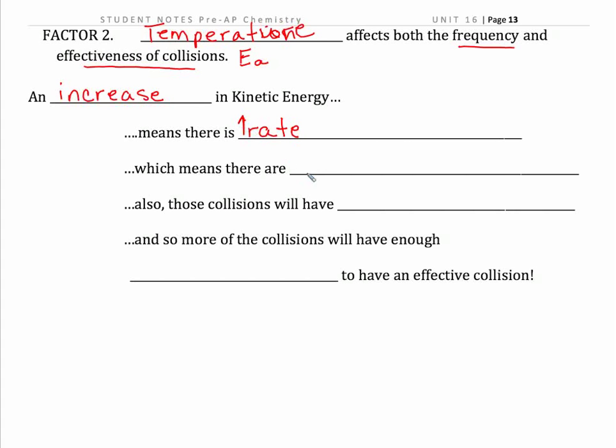So you have an increase in the rate, which means you have an increase in the frequency of the collisions. For example, if you're walking down the hall, you're not very likely to run into somebody. But if everybody started running down the halls, it would be every principal's nightmare. But you would also increase the frequency with which people are running into each other and hurting each other.